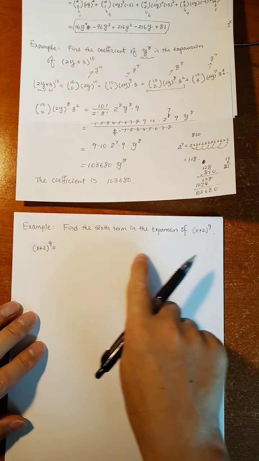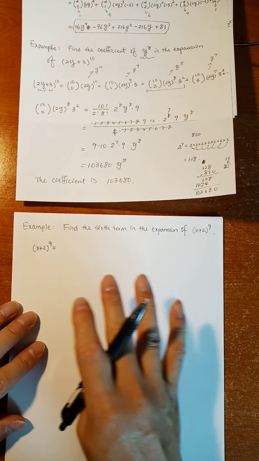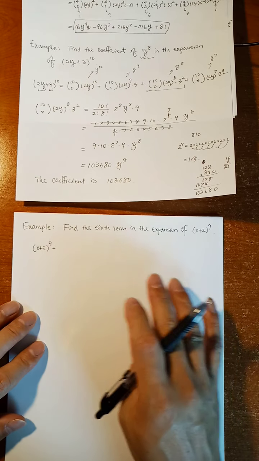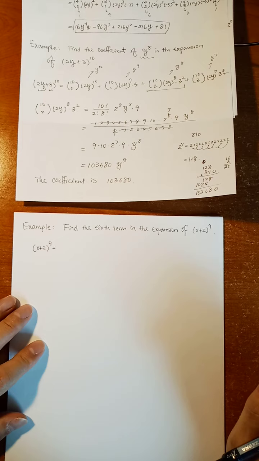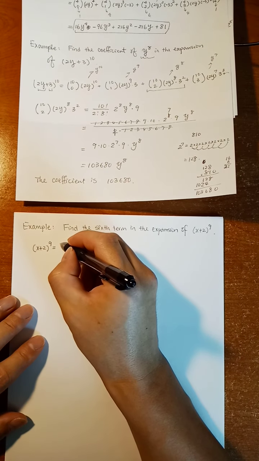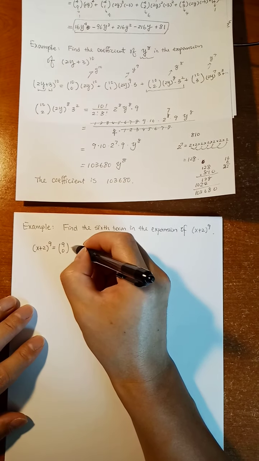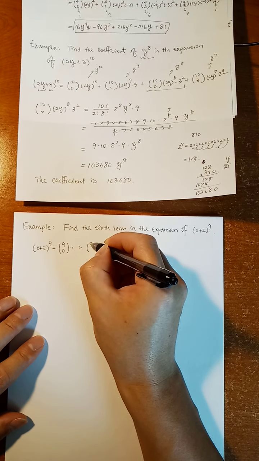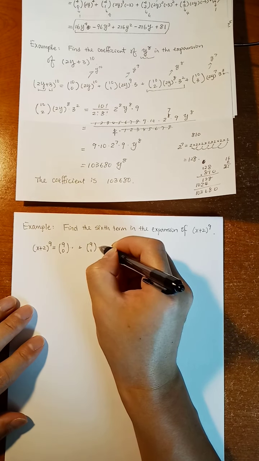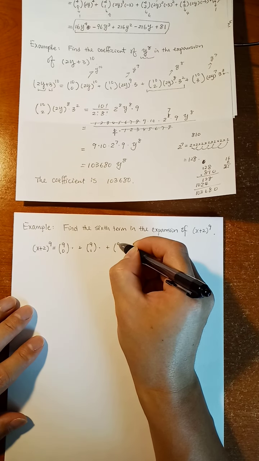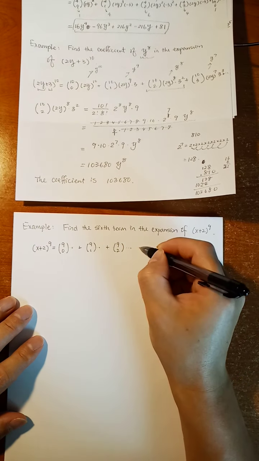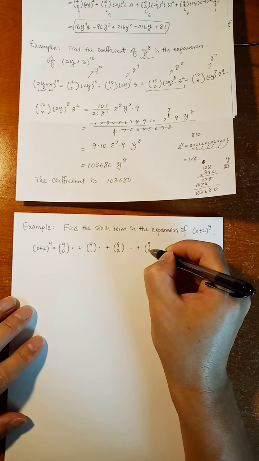And be careful, when we write down the binomial theorem, we have a certain order that will help us to completely write everything. What is the order? It's always 9 choose 0, and plus 9 choose 1 with a term, and 9 choose 2 with a term, and 9 choose 3 with a term.